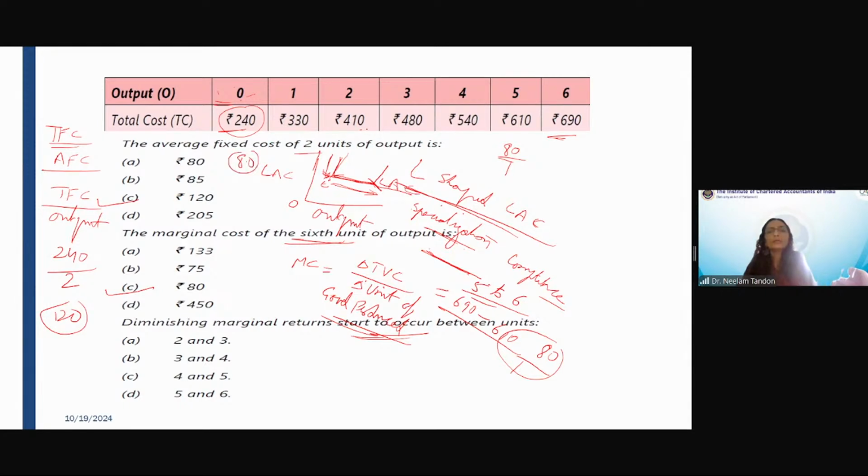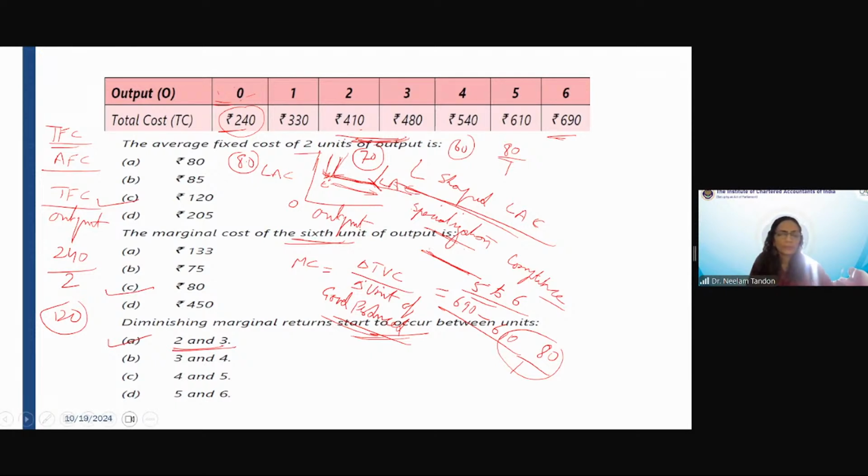And this one is 70. And this one is 540 minus 480. So it is continuously decreasing. It starts from here, from 2 to 3. It starts decreasing from 2 to 3. So you'll say diminishing marginal returns start from 2 to 3. So this will be your answer.